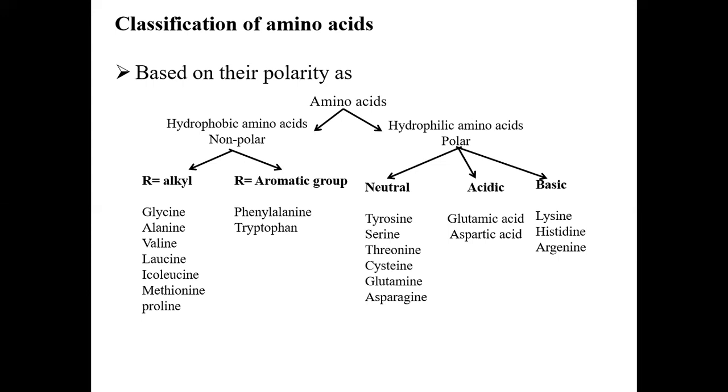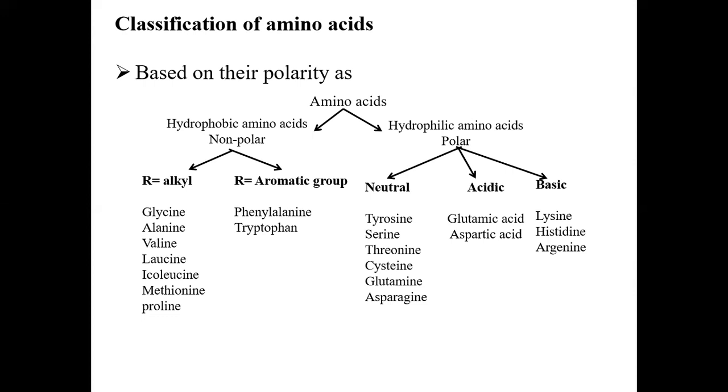If it is an alkyl group, then glycine, alanine, valine, leucine, isoleucine, methionine, and proline are its examples. If an aromatic group is attached at the place of R, then it includes phenylalanine and tryptophan. While the polar amino acids, also called hydrophilic amino acids, include neutral, acidic, or basic R groups.